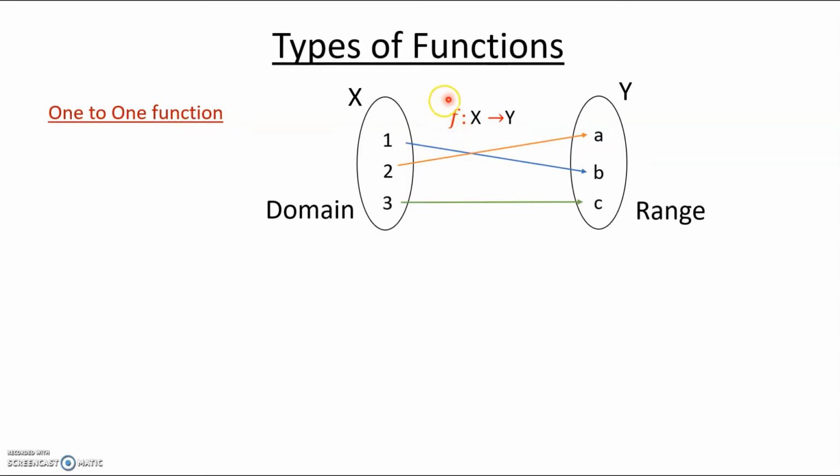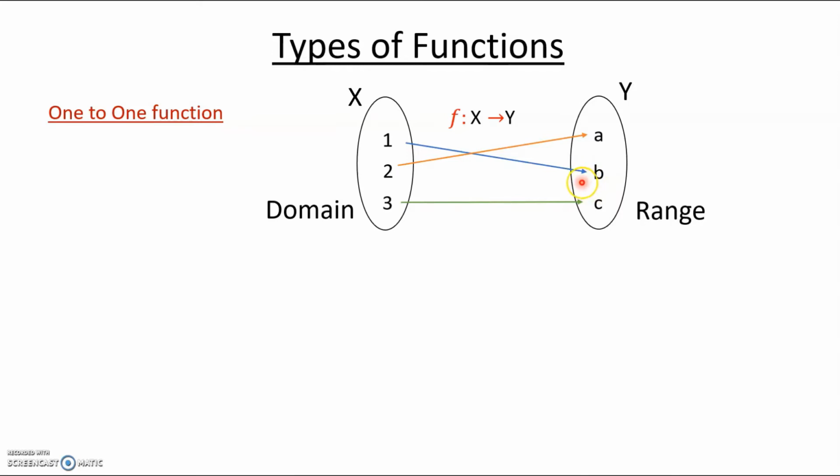So the function f maps x to y, which means every element in x will be related to y through the function f. In a one-to-one function, every individual element in x will have a distinct element that it is related to in y.